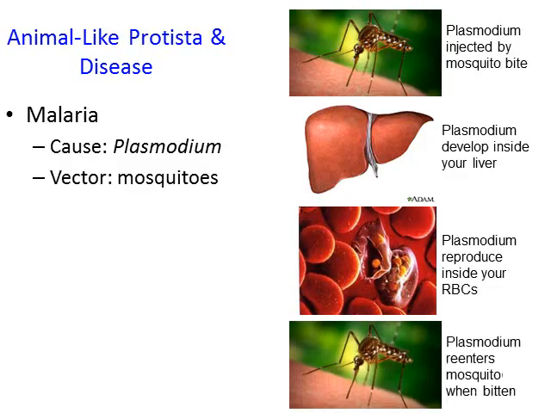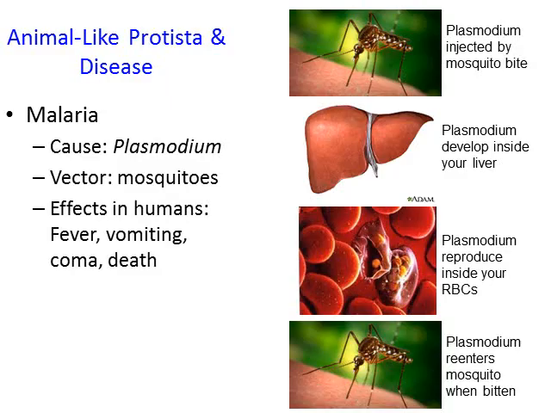And now that your blood is teeming with this Plasmodium, along comes another mosquito, bites you, sucks up the Plasmodium, and then flies around and bites another person. So some of these protozoans can again cause disease. And these are some of the effects of malaria in humans. Fever, vomiting. Eventually a person can go into a coma and die if they're not given anti-malarial drugs.